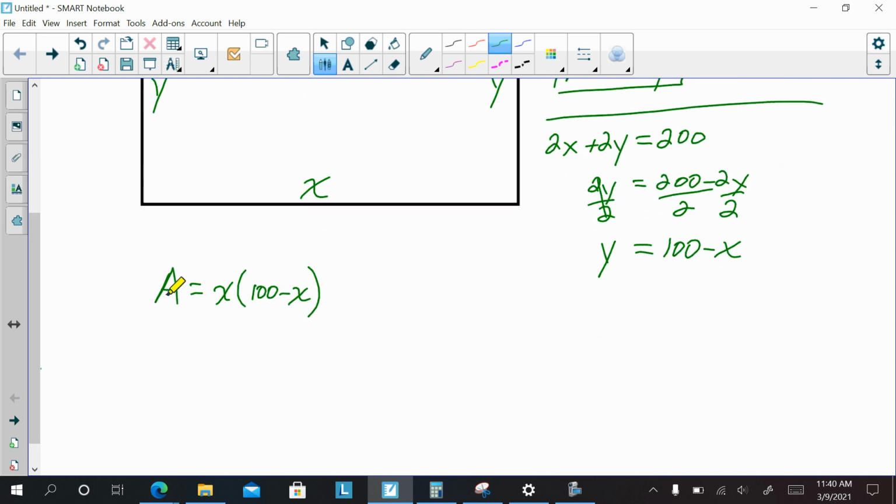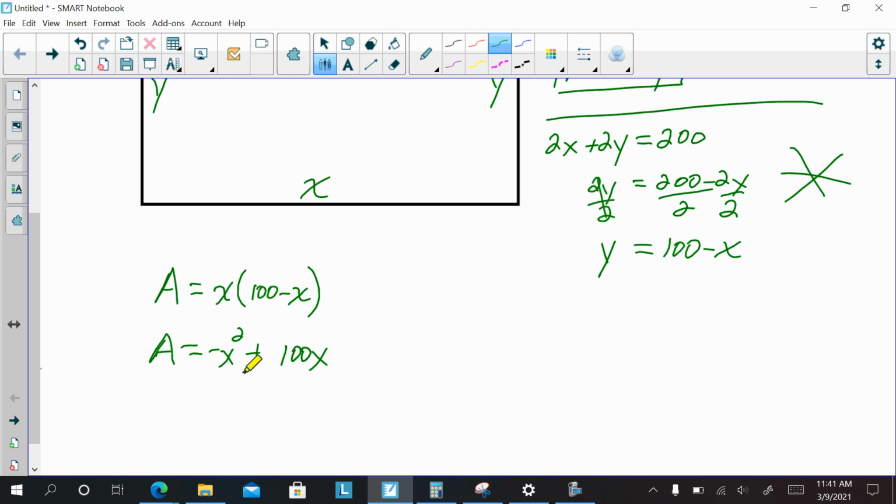So now, instead of the area function having x and y, length and width in it, if you tell me the length, based on the restrictions we have in the secondary equation, that will automatically produce y, the width, and then that product will give us the area. Now we could distribute that and call that x times 100 or 100x, x times minus x, so minus x squared.